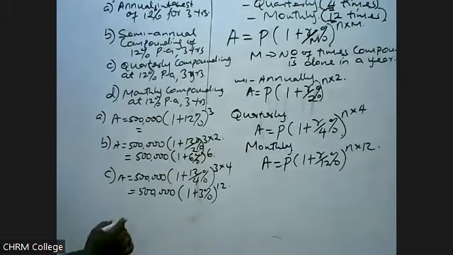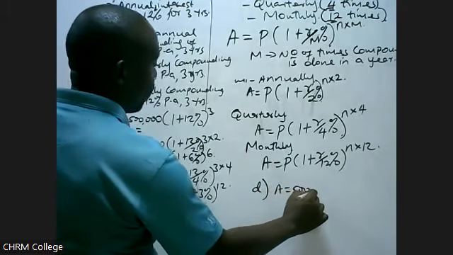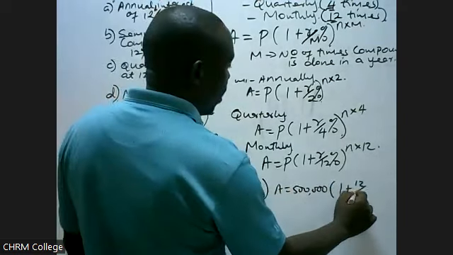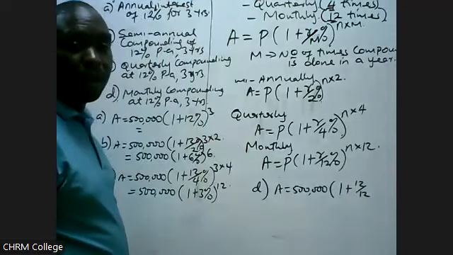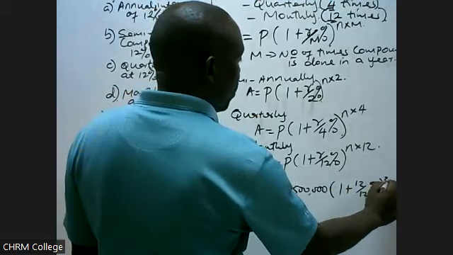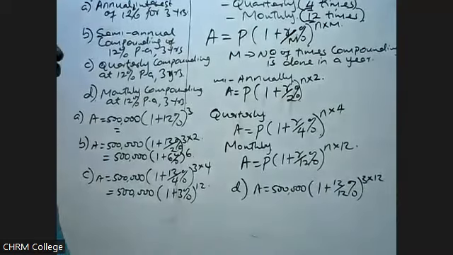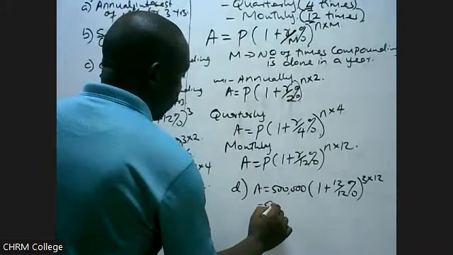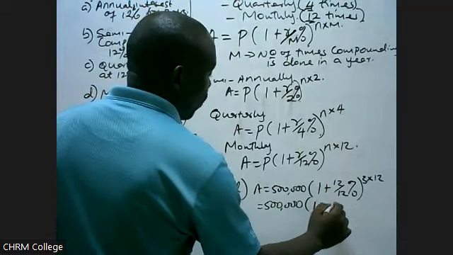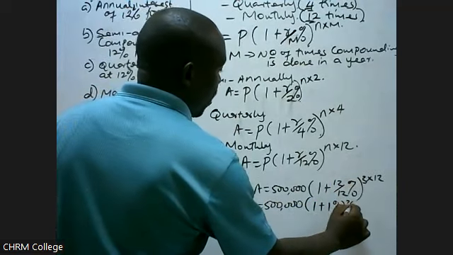When it is monthly, amount will be equal to 500,000 into 1 plus the rate, 12% divided by 12, because monthly we shall do it 12 times, power 3 times 12. So what we get is 500,000 into 1 plus 1%, power 36.